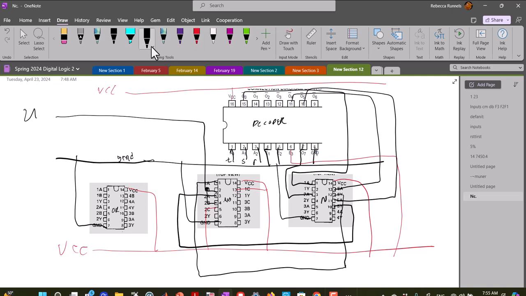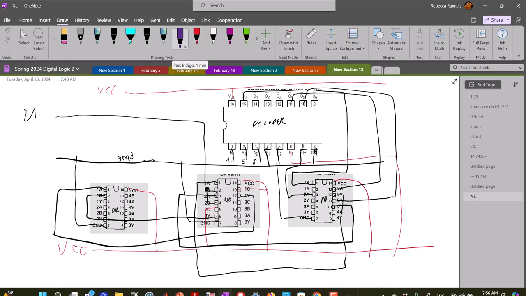So the things that I need to OR together are going to be 1Y and 2Y. So I'll OR those two together. I will also OR together my other two outputs that I got from way back here.